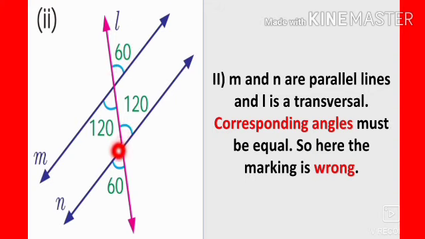We know that corresponding angles are equal, they must be equal. So here 120 is not equal to 60, and here also 120 is not equal to 60. So here the marking is wrong.